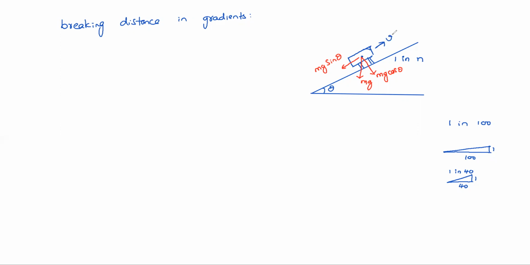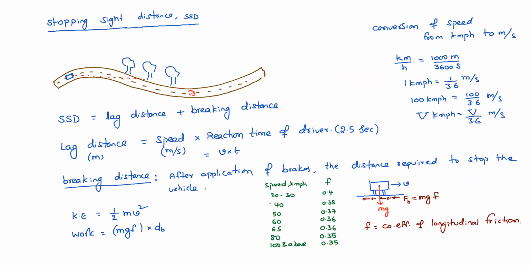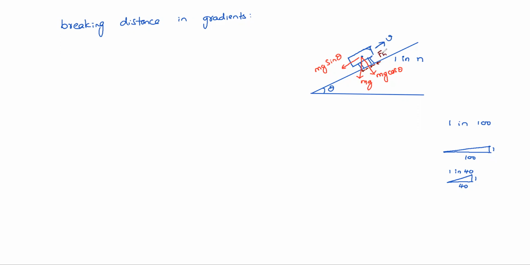So now the frictional force here, how much? Here at the road surface, frictional force will be there. Braking force or frictional force, F_B, equal to, see, the normal reaction mg cos theta multiplied by f.